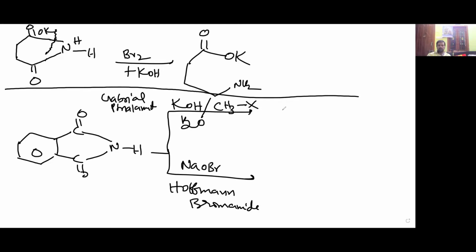So in this Gabriel phthalimide synthesis, whatever group you are taking, methyl, methylamine is forming. But for NaOBr, what I told as the trick. So for this NaOBr, you have to take one hydrogen here and ONa here. Then what is our product?